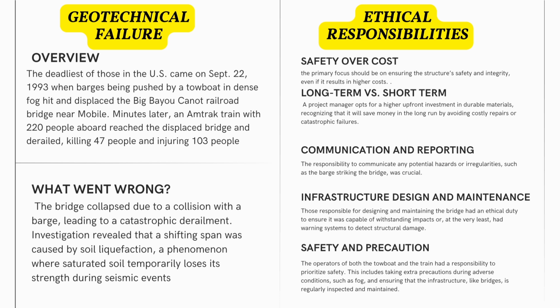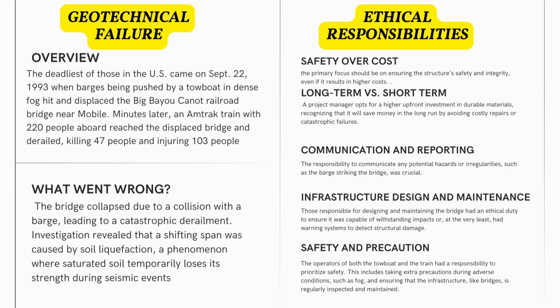Therefore, it's essential to prioritize long-term stability and durability, even if that requires more effort or resources. This approach not only enhances safety but also ensures that the structure remains reliable and functional for many years to come.